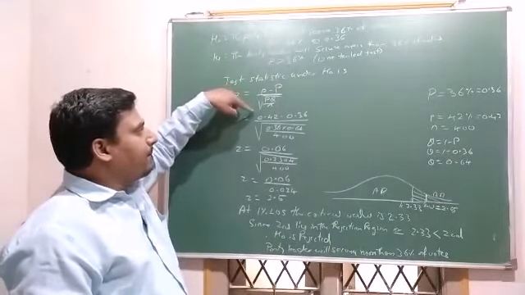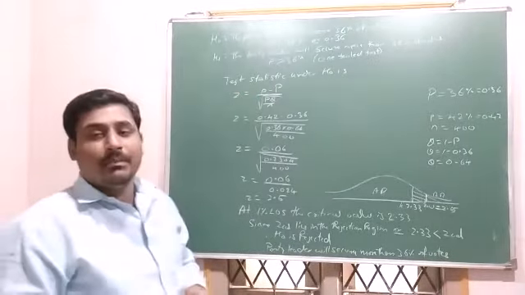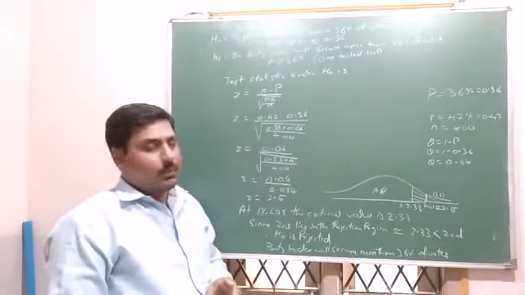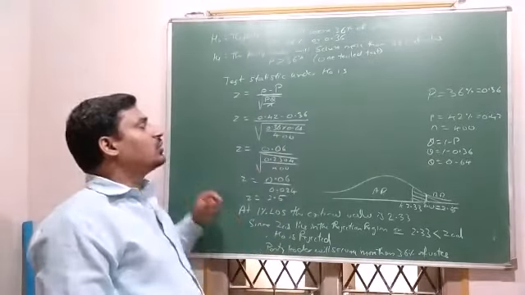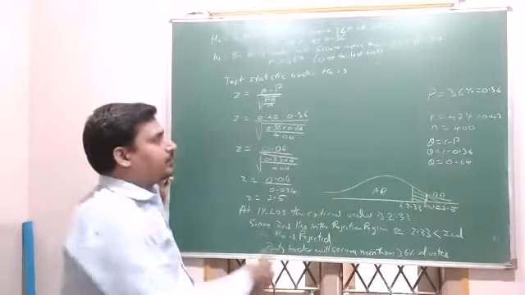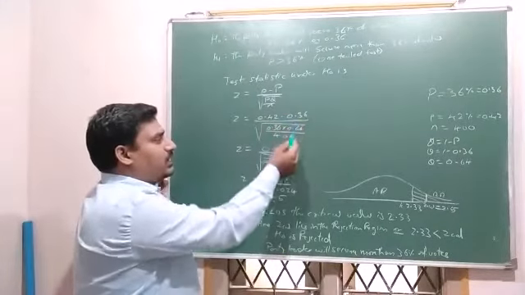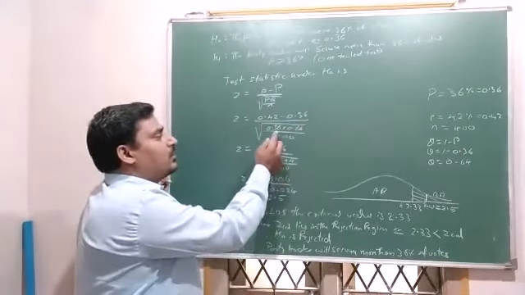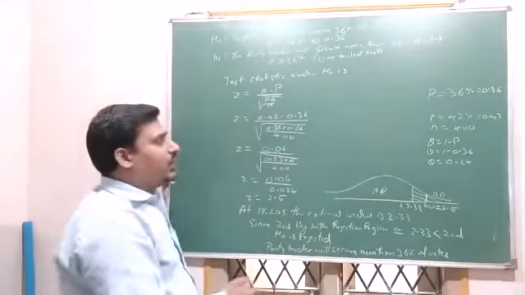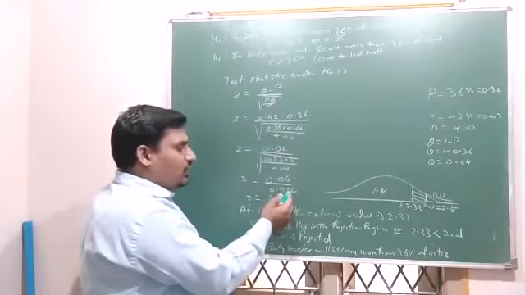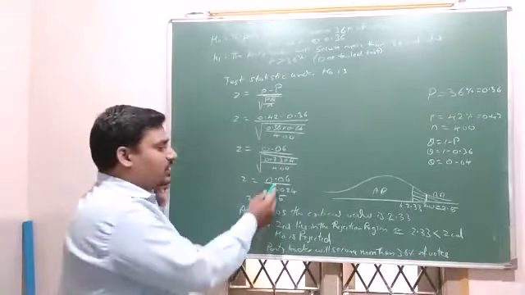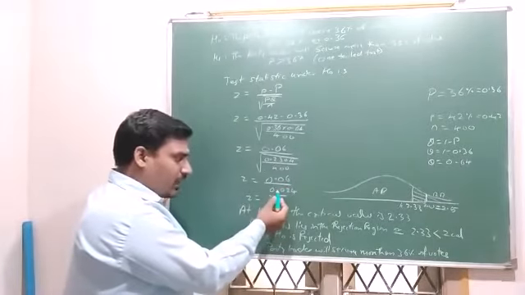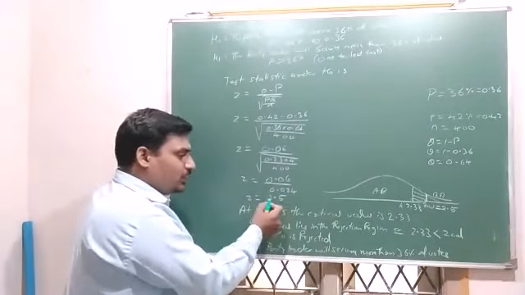So the formula is sample proportion minus population proportion, divided by root of pq divided by n. So 0.42 minus 0.36 is 0.06. Root of 0.36 into 0.64 divided by 400 is 0.024. So 0.06 divided by 0.024 is 2.5.